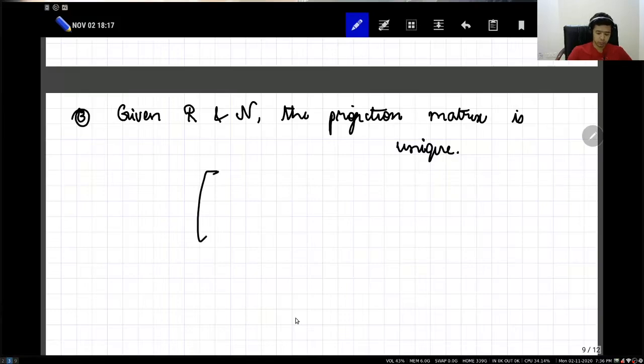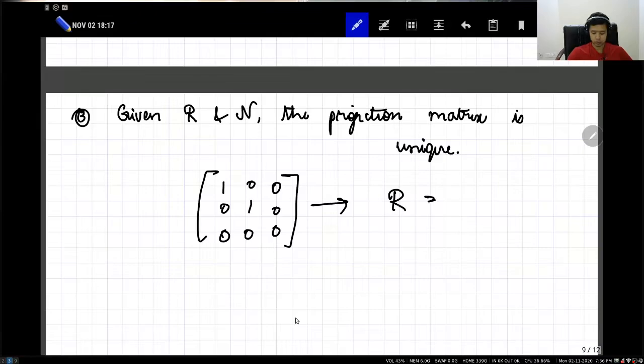For example, let's take the projection onto the xy plane. For this particular matrix, the range is equal to the xy plane, and the null space is equal to the z-axis. Now let's look at the following linear transformation.